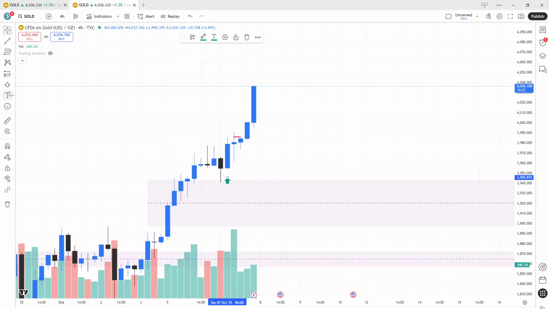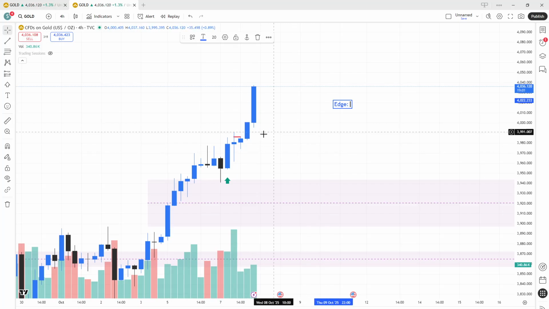Okay, so for the breakdown of my trades, I usually will go in and put down my edge. My edge is what I see as the chart is giving me.